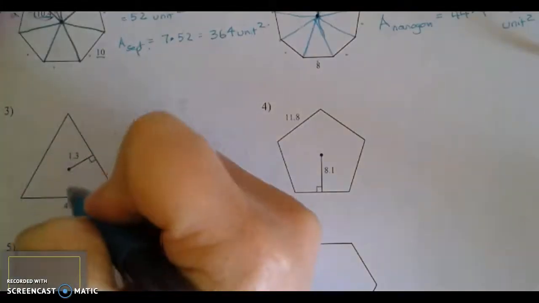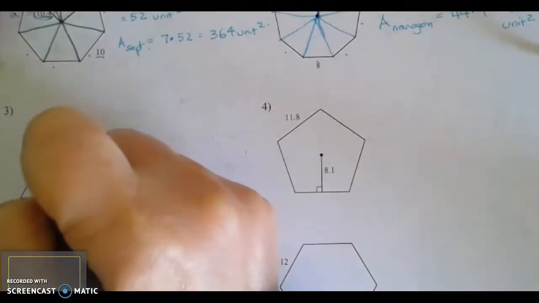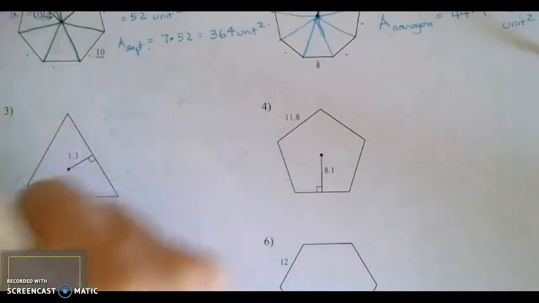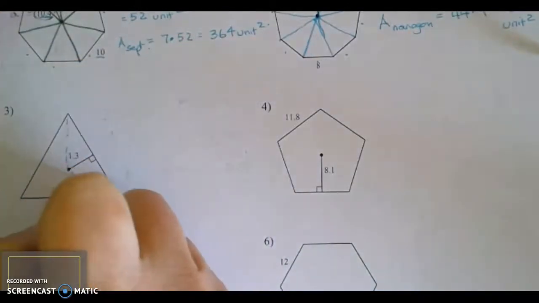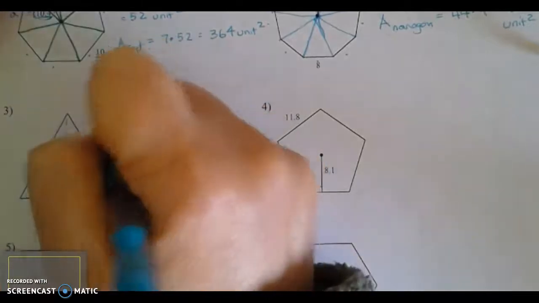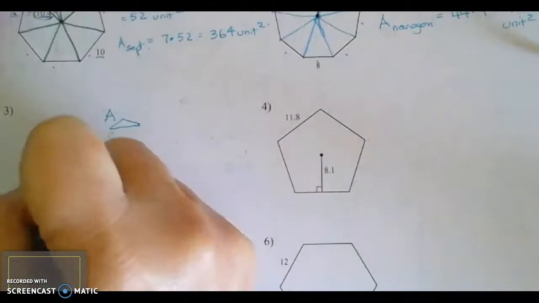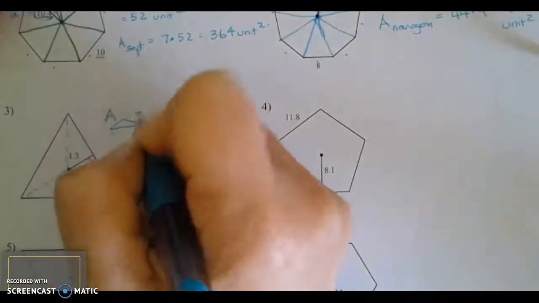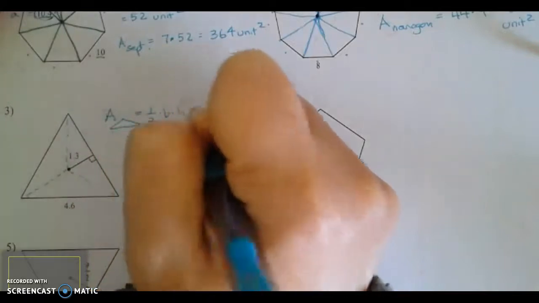Moving on, number 3 is a triangle but we're given the apothem length, which is 1.3, and the side length is 4.6. So we can divide this up into 3 identical triangles as well. And so the area of the little triangle is going to be half times base times height, always.